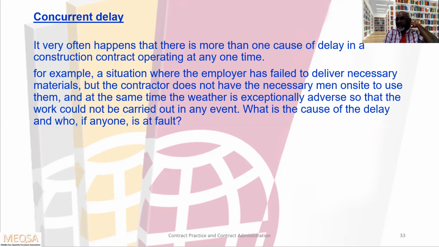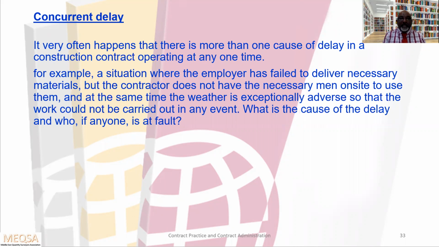So here they have given three scenarios. The first one is the situation where the employer has failed to deliver the necessary material. The contract agreed the employer will deliver some materials, for example, tiles and all. The second scenario, the contractor does not have the necessary men on site to use them.